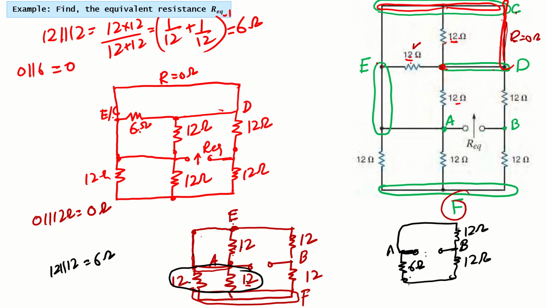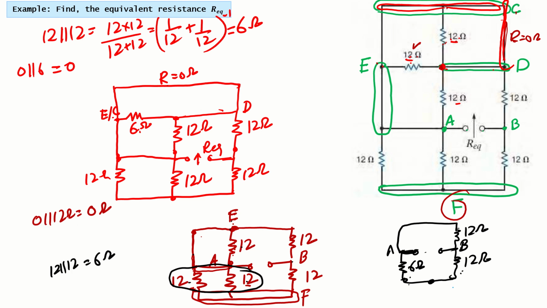So we are looking from this end now, right? If you look at this end, what we can find? That this 12 and this 6, they are sharing this node, so they are in series, right? So 12 and 6, that will become 18.